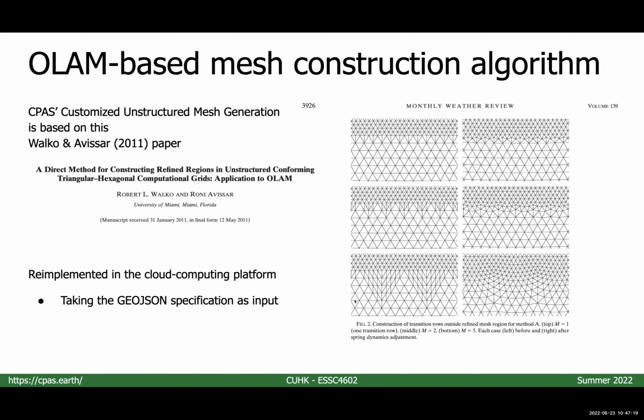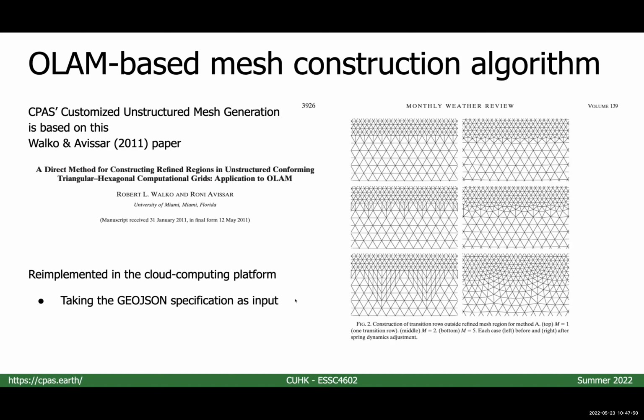And then look at the figure at the lowest row that tries to use more layers to construct the transition zone. Then the result is that after some optimization iterations, you will see that the topology changed smoothly from a coarse resolution region to a fine resolution region.